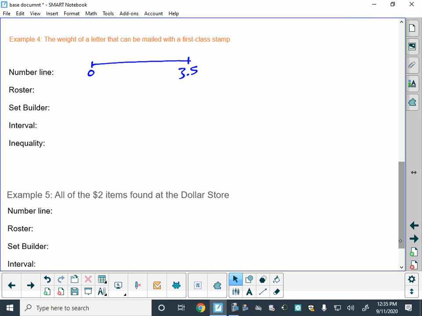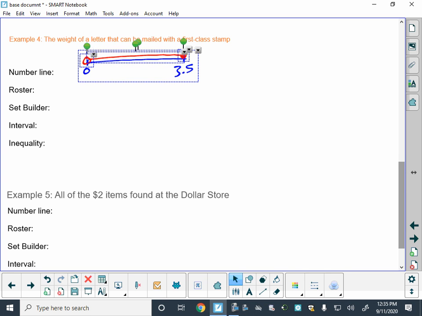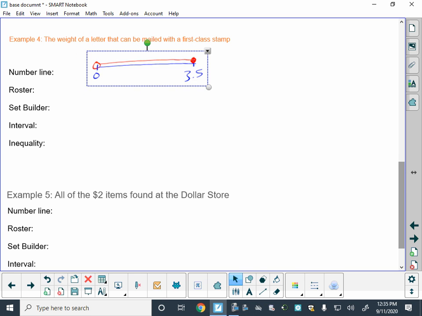That is in ounces. And obviously, we're not going to try to mail something that doesn't weigh anything at all. A 3.5 ounce one can be mailed. And so we use an open circle on one side and a closed circle on the other side, because 0 can't happen, but 3.5 can.